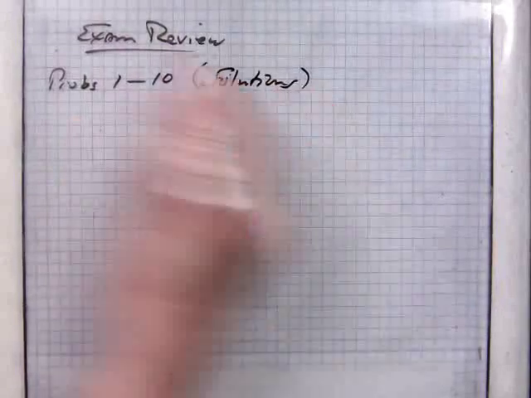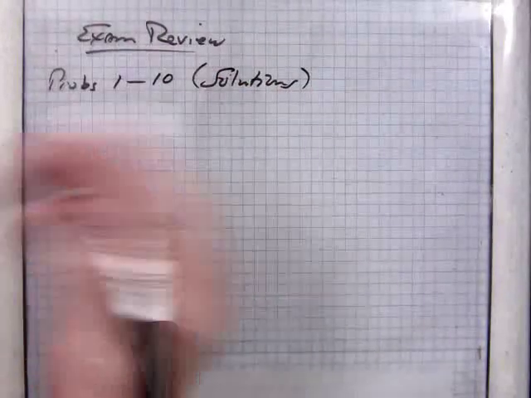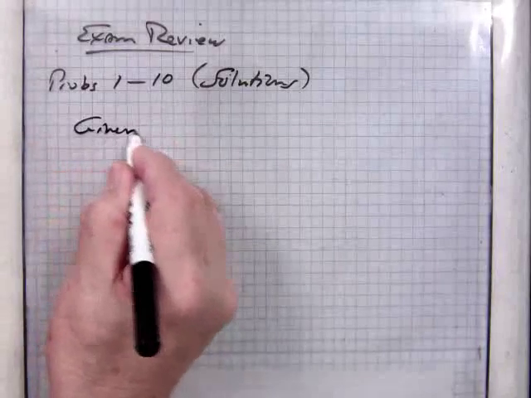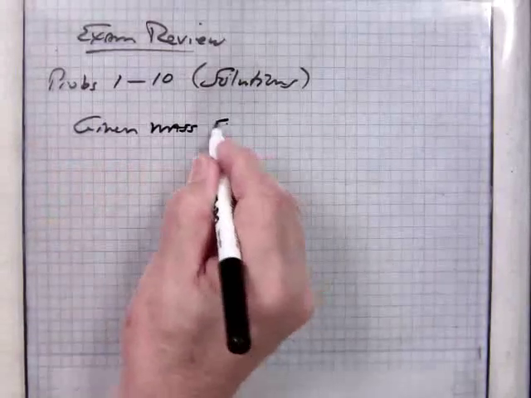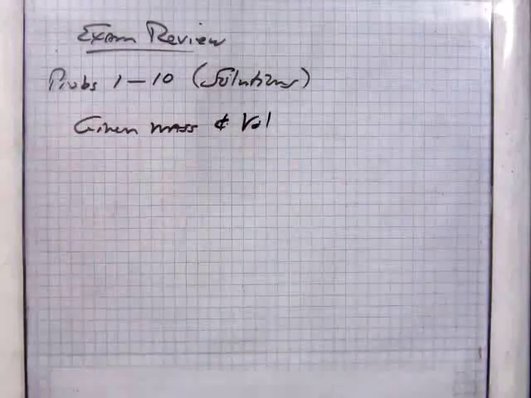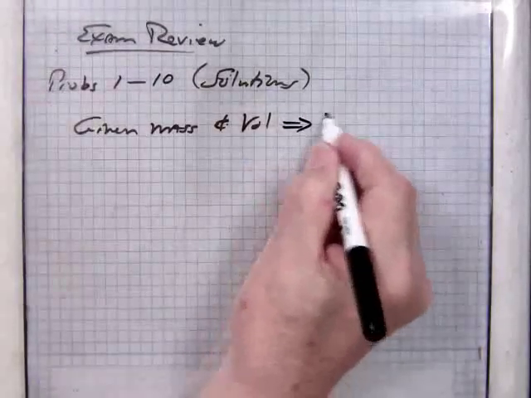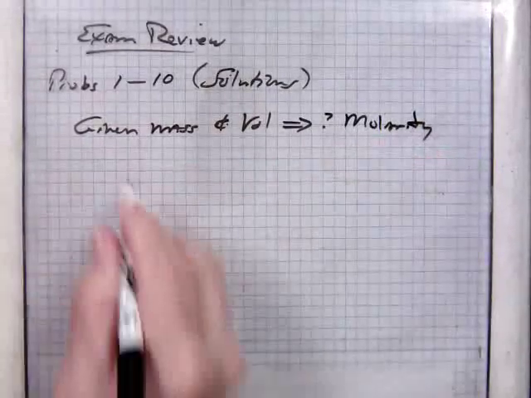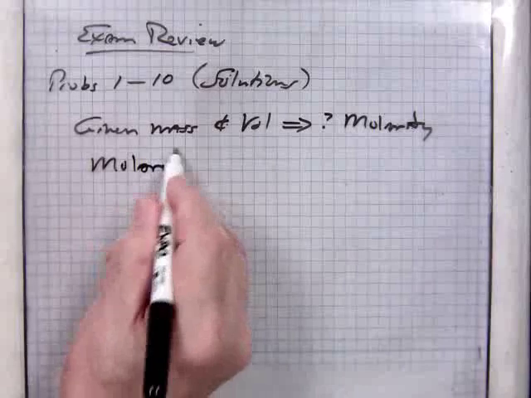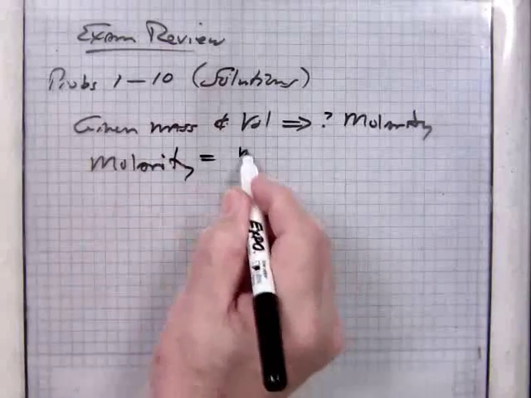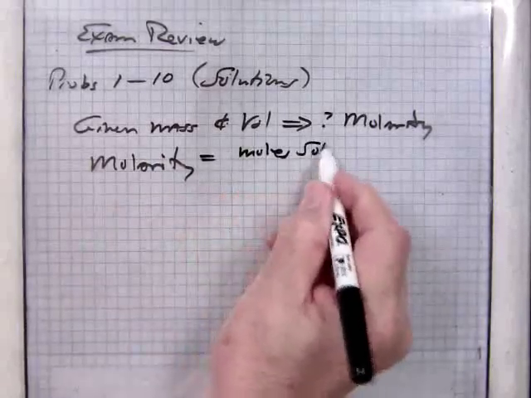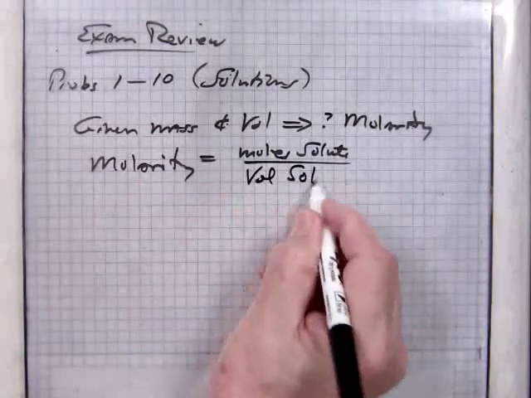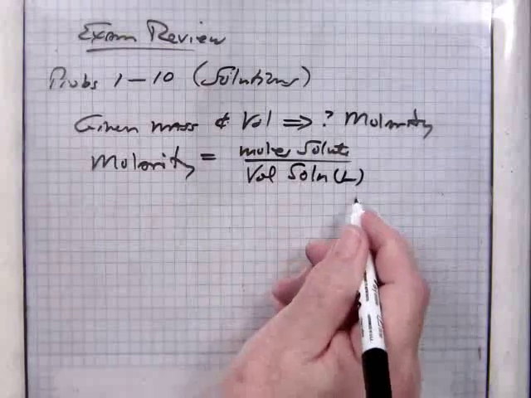Some of the things you need to keep in mind, remember, given mass and volume, how do you get molarity? What you need to do is remember molarity is moles solute over volume solution expressed in liters.